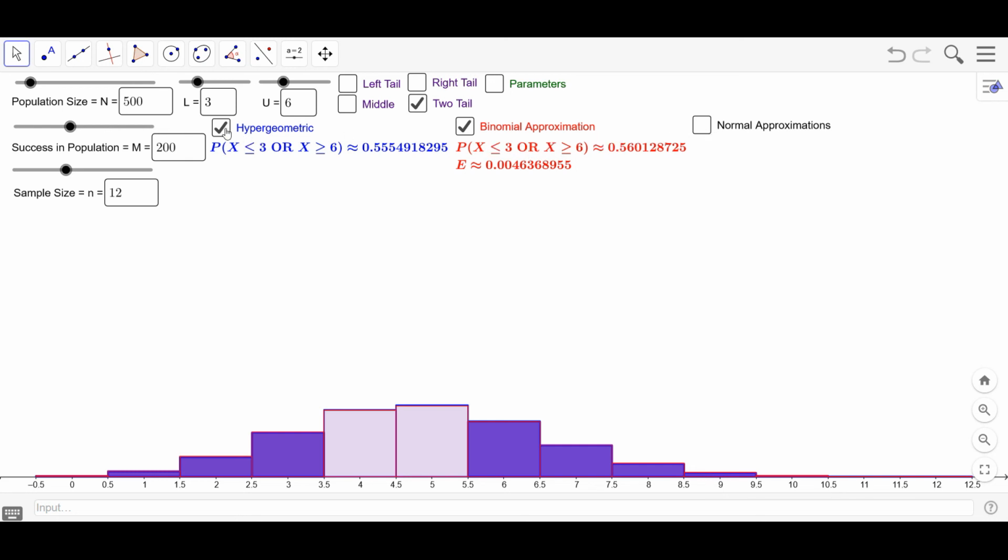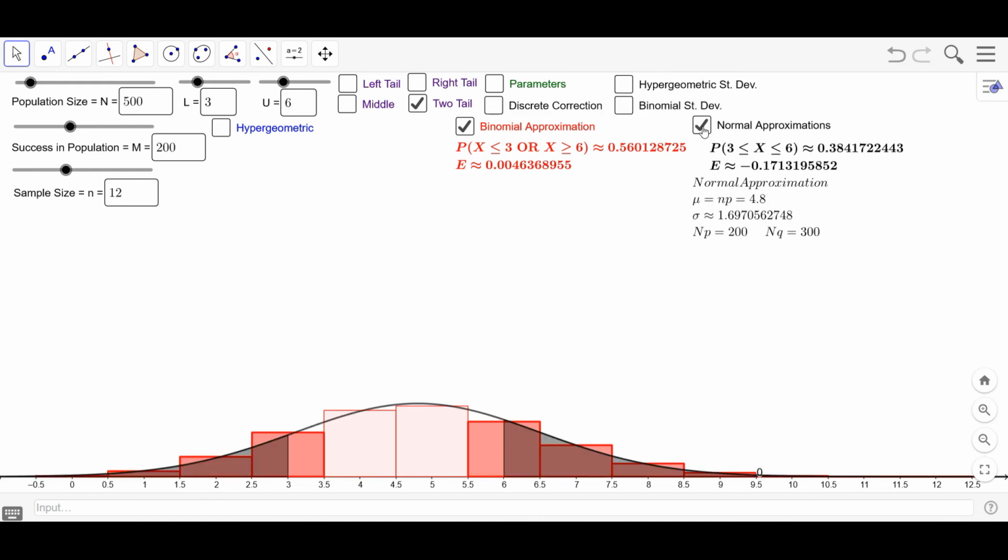By the way, if you just want to compare a binomial and a normal, this error is for the related hypergeometric. But if you're not given a population size, you could convert the probability of success, P, the parameter, to a fraction, put the numerator as M and the denominator as N, and then you can get this to work out.